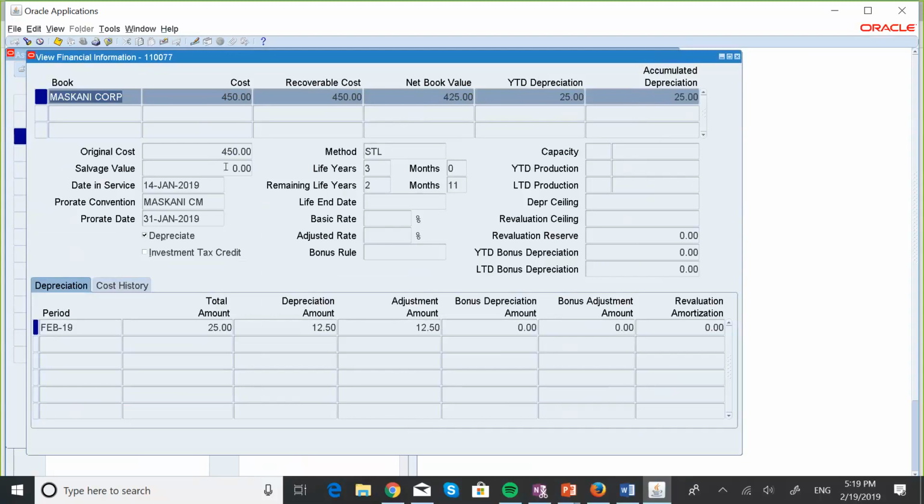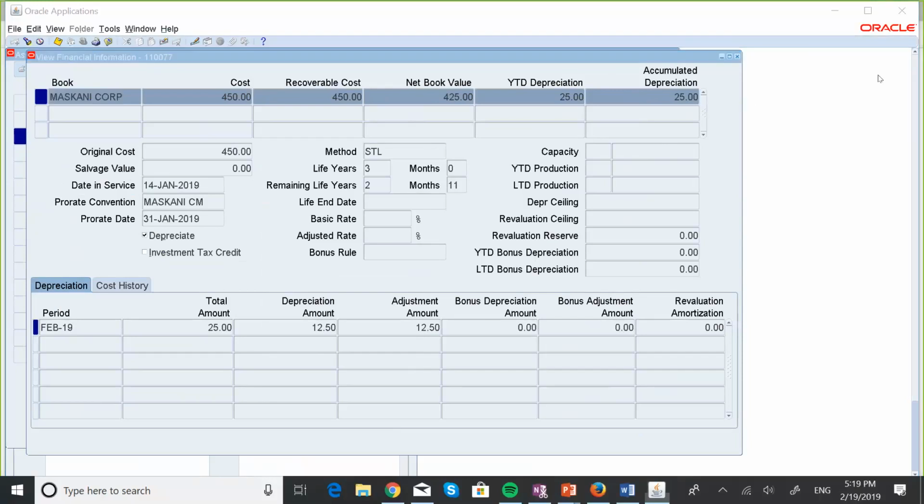So we can retire this one with a date placed in service of January. It's the one that was placed in service the earliest among our assets. That's why I want us to use it. Okay.